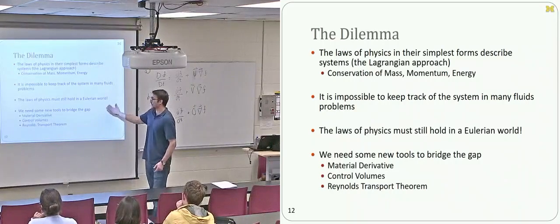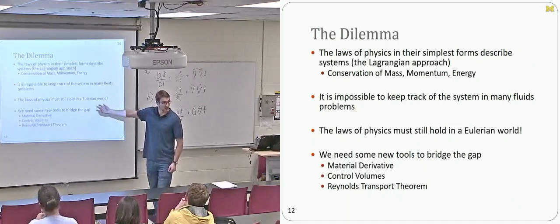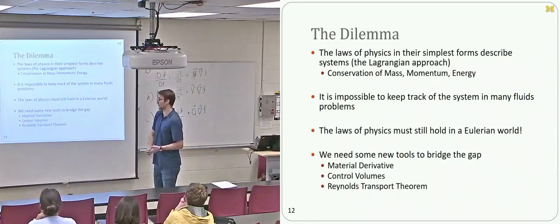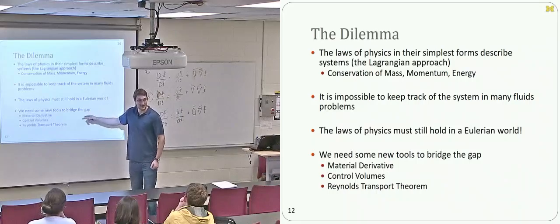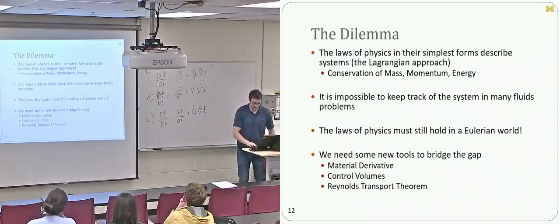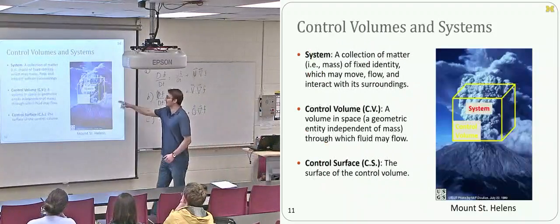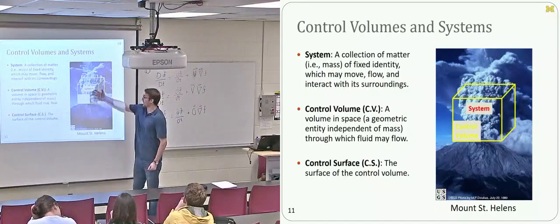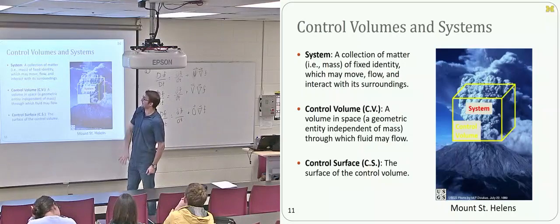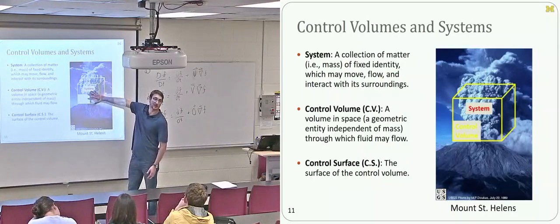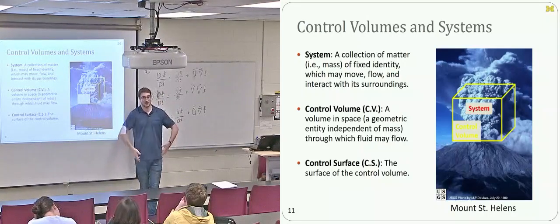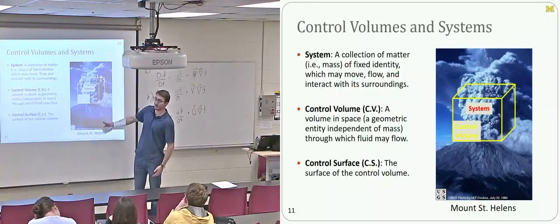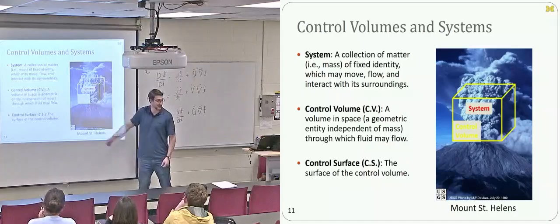So we need to figure out a way to make these physics still hold, to be able to use these governing equations of motion and conservation equations in an Eulerian sense. That is, instead of having to apply F equals ma to every single particle in this ash cloud, we're going to figure out a way to apply F equals ma to this control volume and figure out just how much upward thrust, or downward thrust, was created by the mountain launching all the particles into the air.